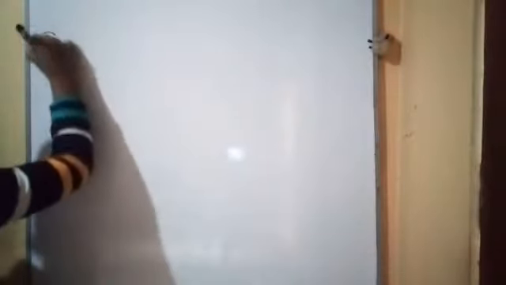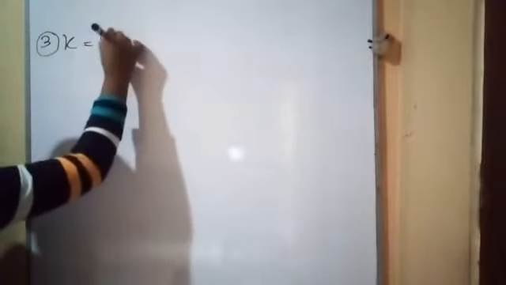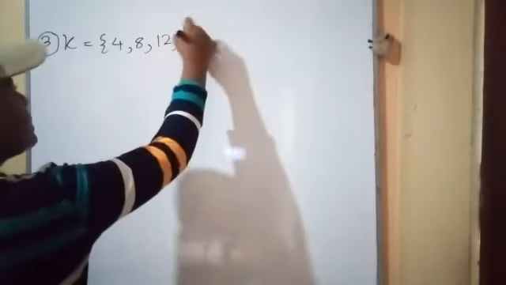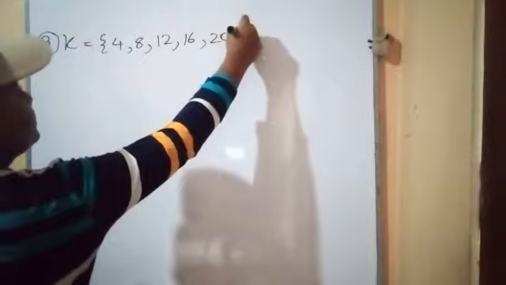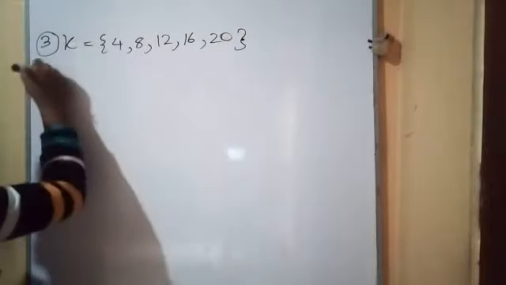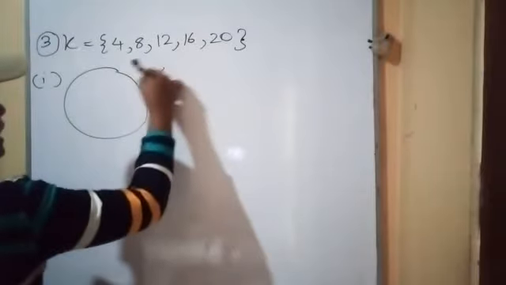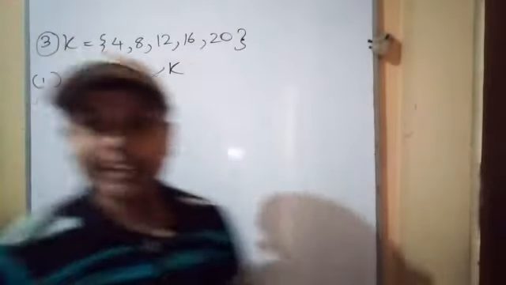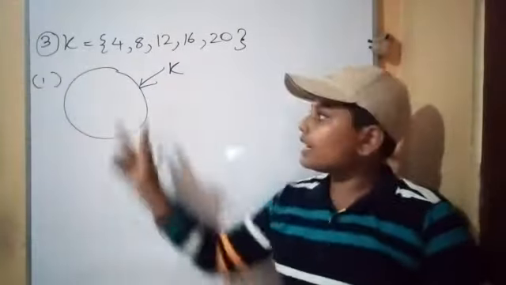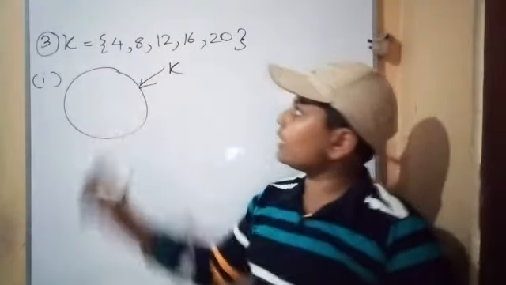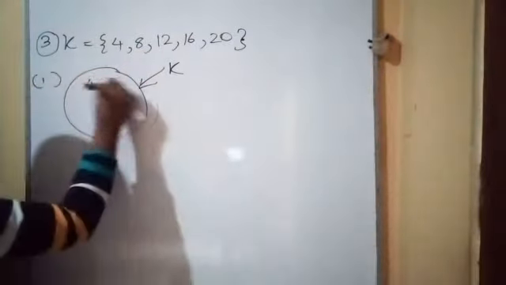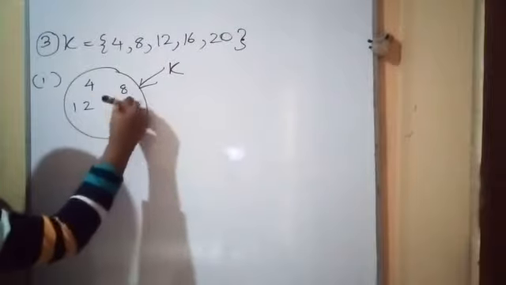Very easy, no? K is 4, 8, 12, 16, 20. What is the first one? Write this set K in a Venn diagram. Keep the K, draw a closed figure, and write 4, 8, 12, 16, 20.